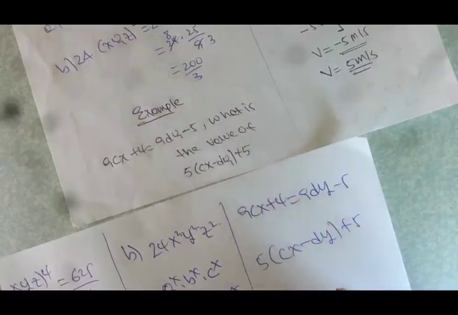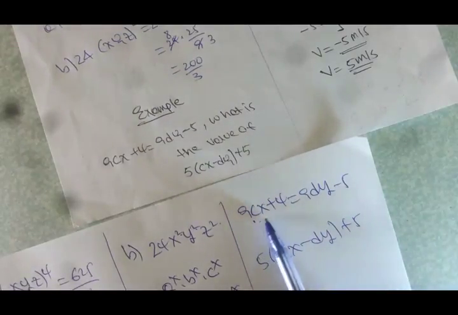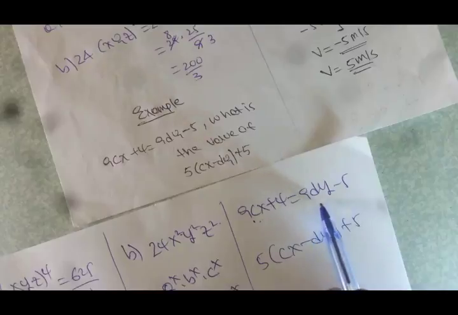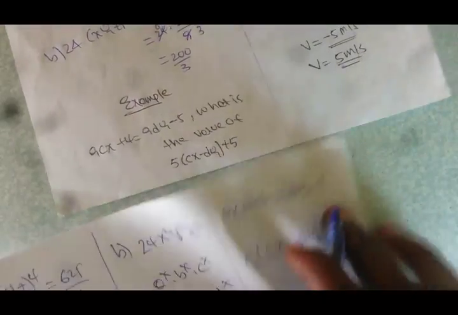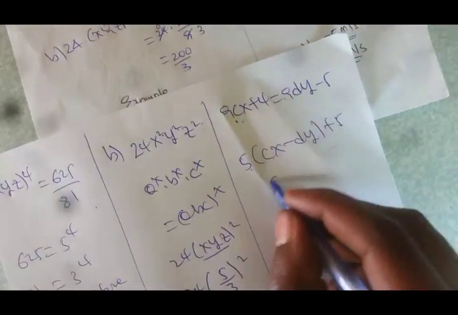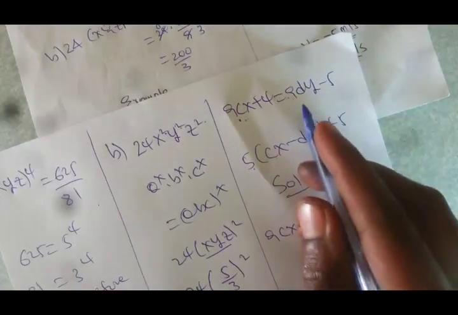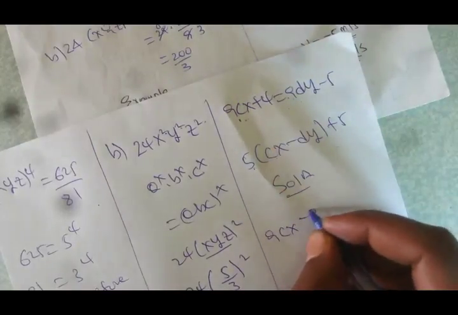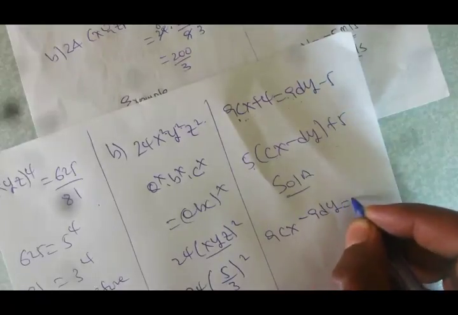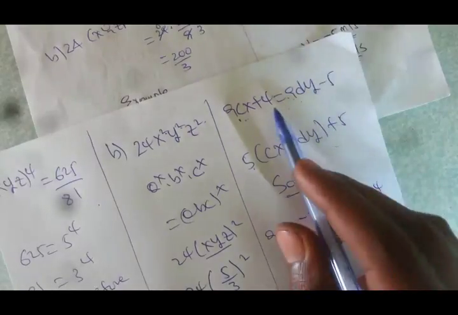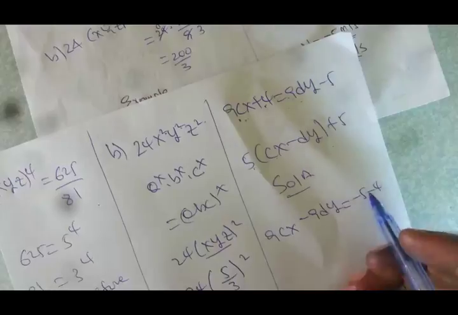And the last example is, it's given 9 times cx plus 4 is equal to 9 times dy minus 5. And what is the value of 5 times (cx minus dy) plus 5? Solution, we know that 9cx, when we bring 9dy to the left, minus 9dy will be minus 5 minus 4. When positive 4 goes to the right, it becomes negative 4.